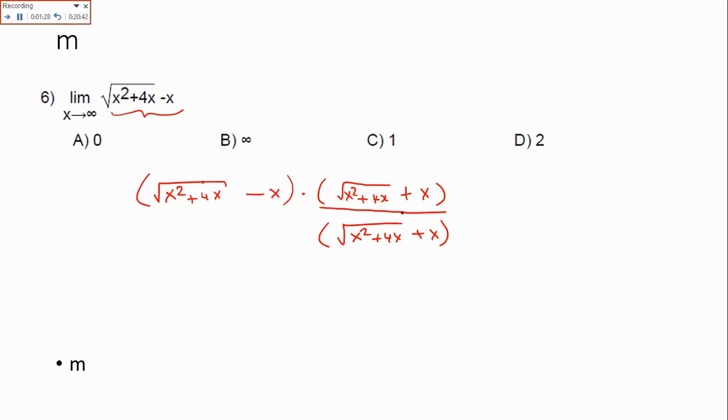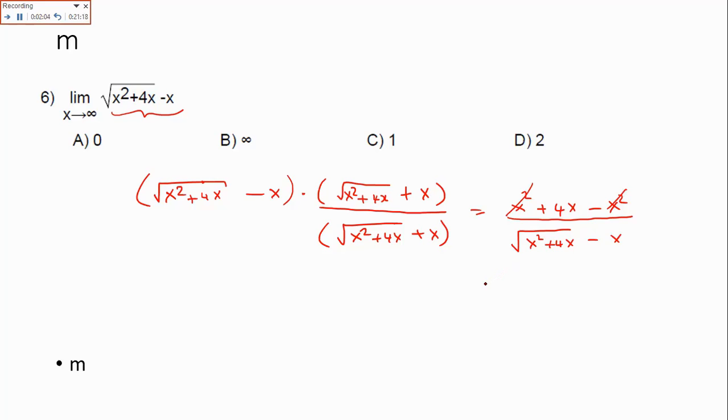This is going to give us x squared plus 4x minus x squared when I multiply these two. And then this will be divided by the square root of x squared plus 4x minus x, right? We can see that x goes with x.